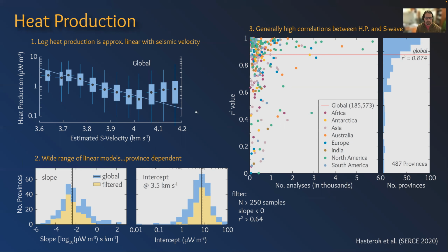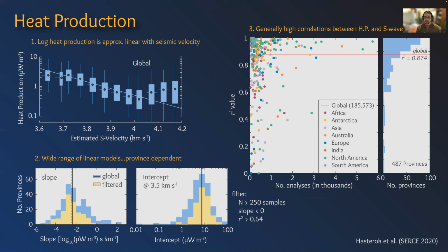And then I've done the same exercise fitting the seismic velocity to heat production. And what I find is as you increase the number of samples, you tend to get a higher R-squared value. Even for regions that have relatively low numbers, we still find that most of the R-squared values fall above 0.6. So we have a reasonable correlation between heat production and seismic velocity in most regions.